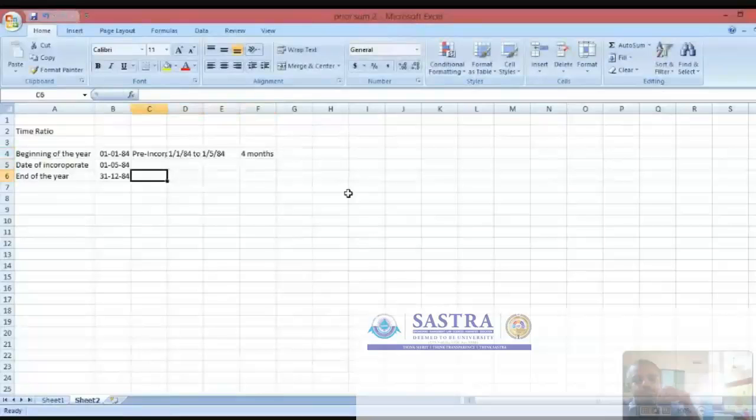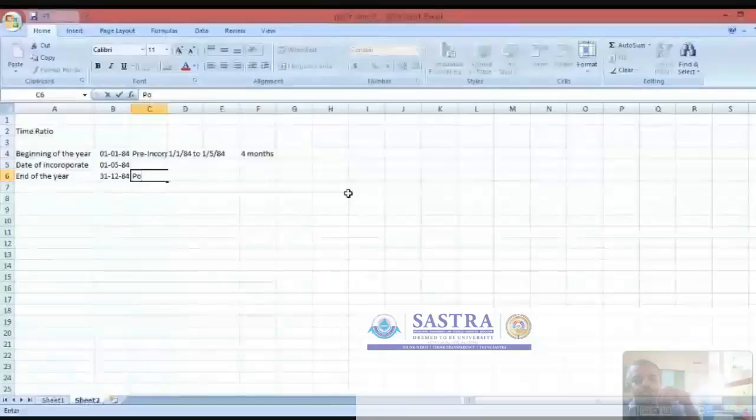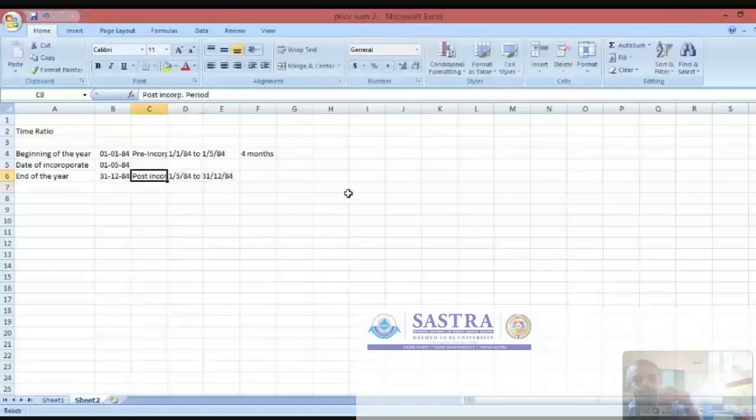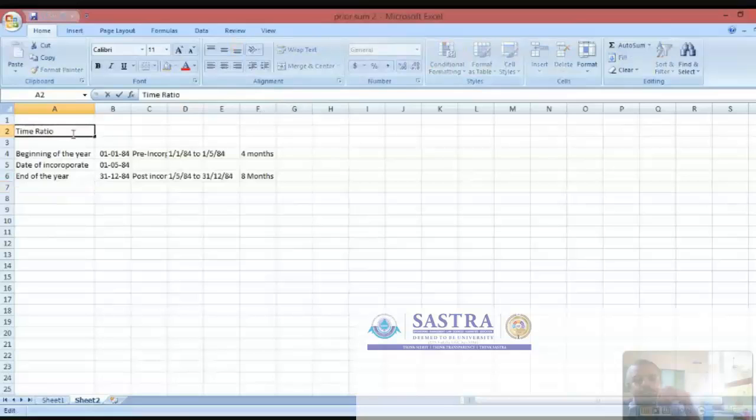Here, the post-incorporation period is going to be 1/5/84 to 31/12/84. This is going to be 8 months. So the ratio is 4:8, that is 1:2, which is going to be the time ratio.